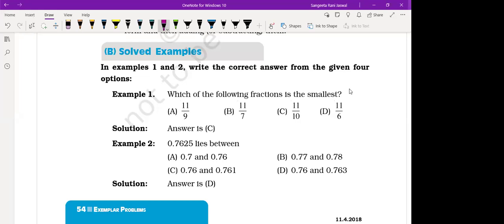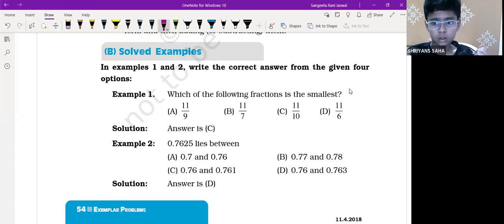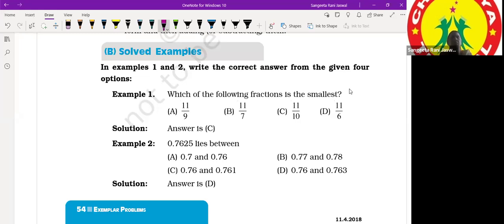Ma'am, C, ma'am. 11 by 10. Yes, check please. You can divide and check.